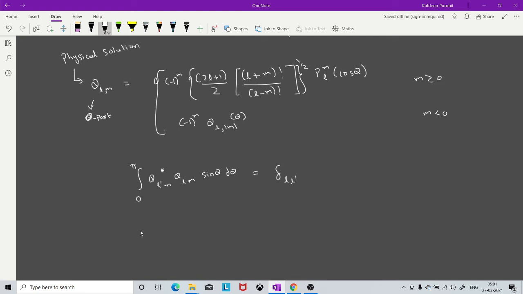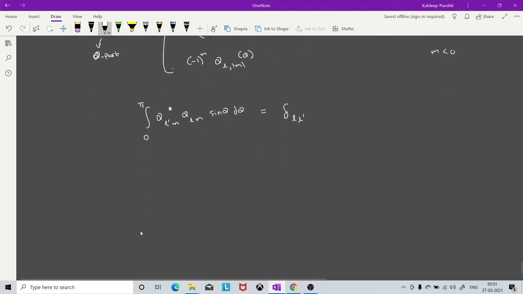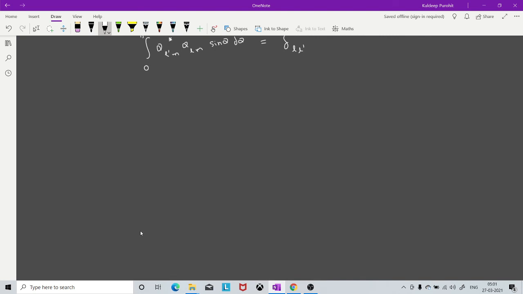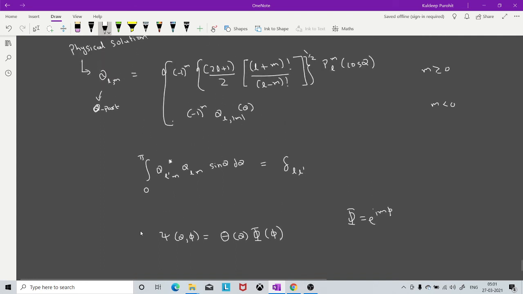And you know that we have assumed the wave function psi, which was a function of theta and phi, as capital Theta, a function of theta, and capital Phi as a function of phi. So we have already obtained the value of capital Phi, which was equal to e to the power i m phi, and now we have obtained the value of Theta also.